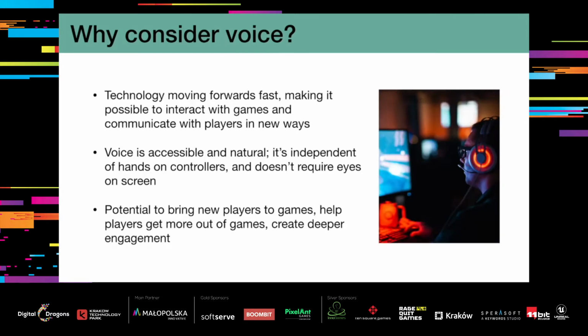So why should we consider voice? Well, this is a technology that's moving fast, driven by advances in artificial intelligence and machine learning, and in hardware. And it's making it possible to interact with games and communicate with players in new ways. Voice is very accessible and natural.